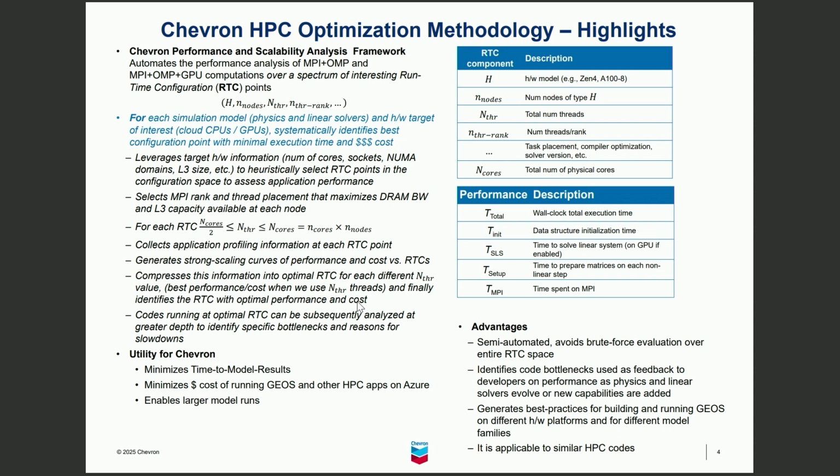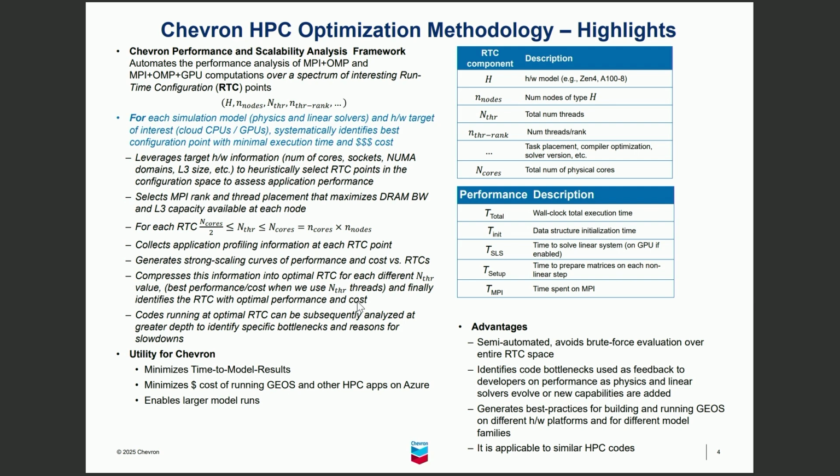So what we have built is a framework, I call it the Chevron Performance Scalability Analysis Framework, that evaluates the code at different selected runtime configuration points. An RTC is a tuple that contains information to characterize how I run the code.